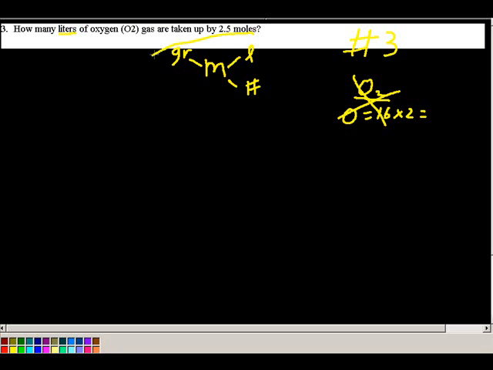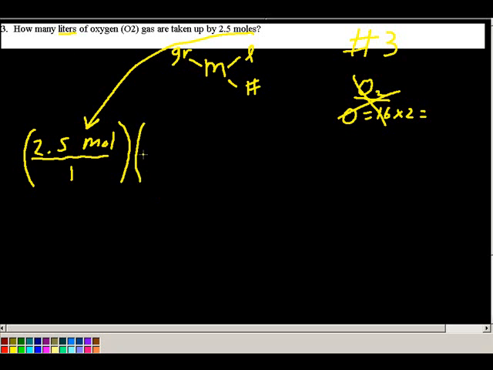So I'm going to take my number given, which is 2.5 moles. So I take 2.5 moles divided by 1. Next, I put moles down here, close it off, and that's where I'm going to work on my unit ratio.